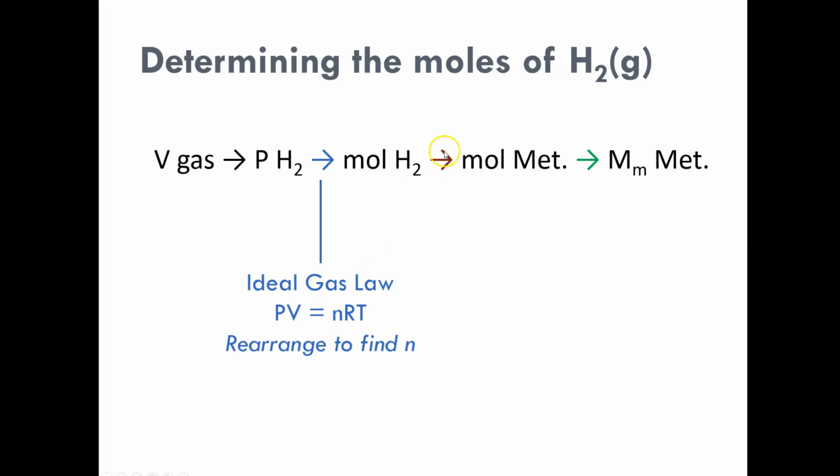And then you will know the moles of hydrogen gas. So this step of calculating the pressure of hydrogen, and this step of using the ideal gas law with the correct units to find the moles, are probably the two most challenging steps. If you pay attention to your units and your algebra here, you should be good to go.